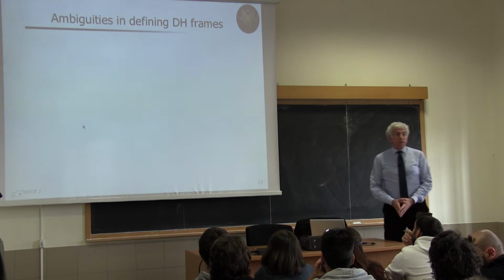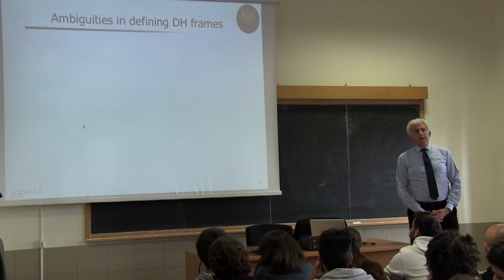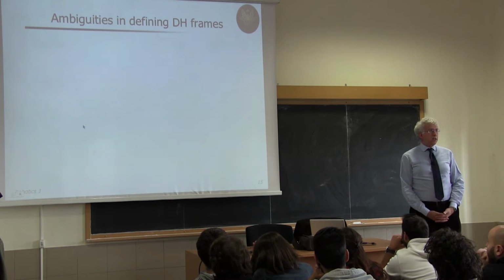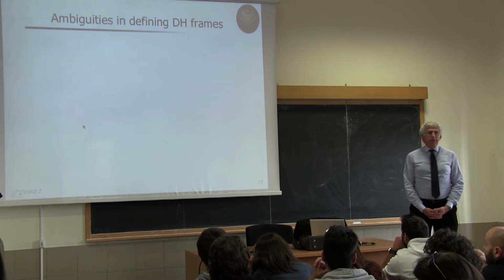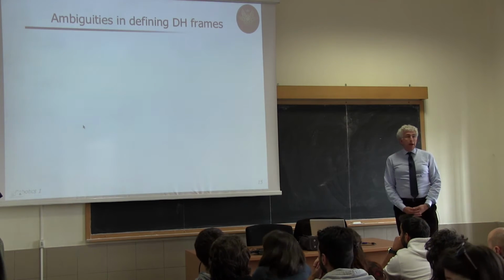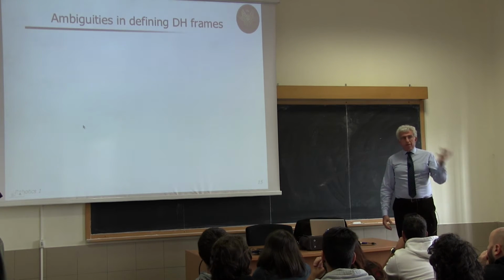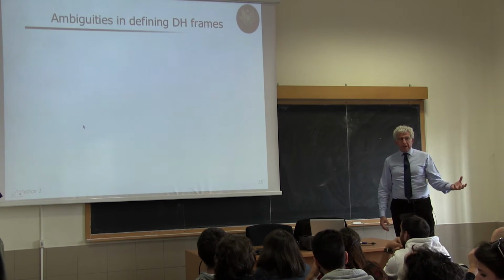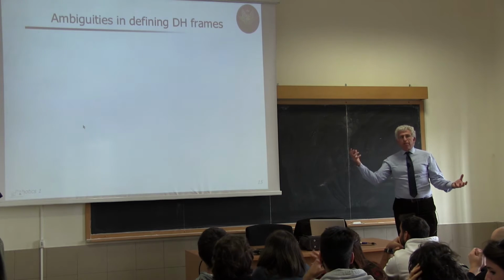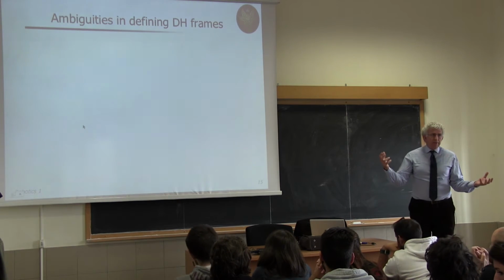So this was the definition of frames and parameters. There are some ambiguities left in the definition, which mainly concern the initialization of this recursion, so the base frame and the last frame. Why are there these ambiguities?